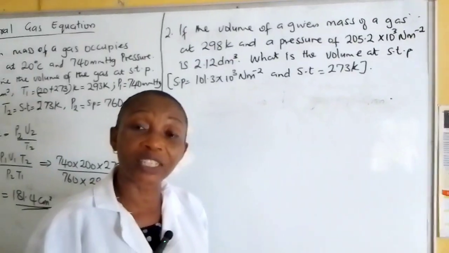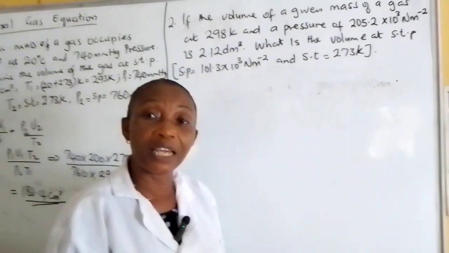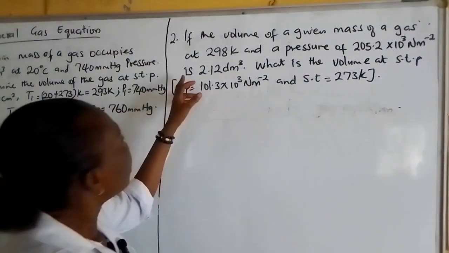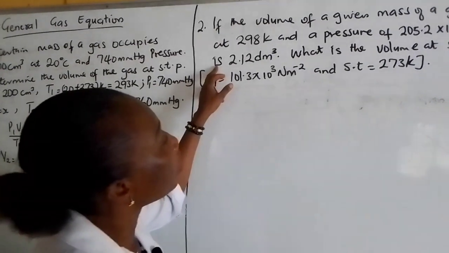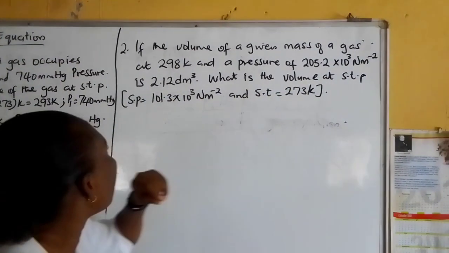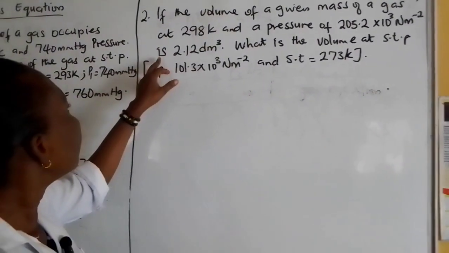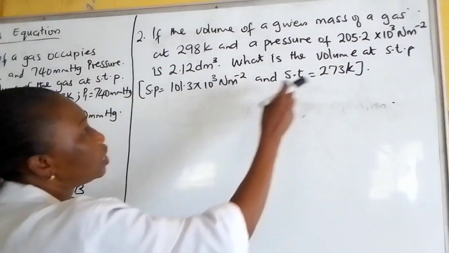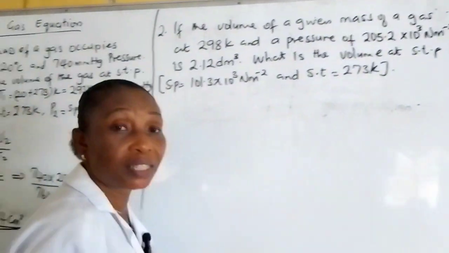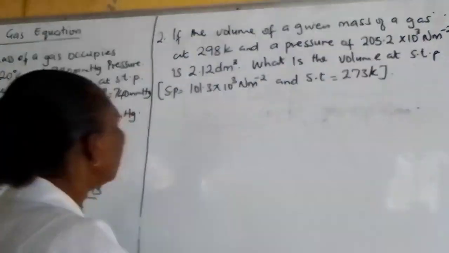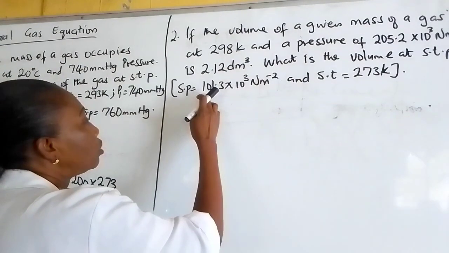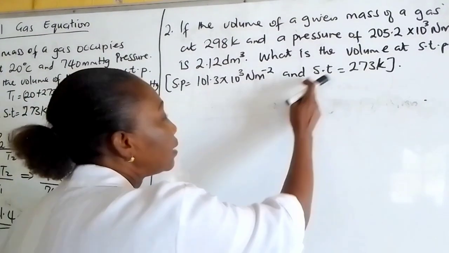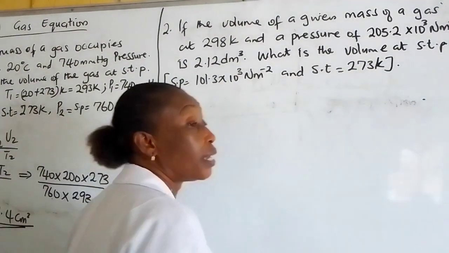Pressure can be measured in Newton per meter squared, in millimeter mercury, and also in atmosphere. Given that the standard pressure is 101.3 times 10 raised to power 3 Newton per meter squared, and standard temperature 273 Kelvin.